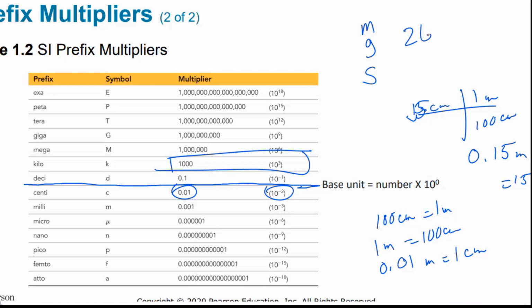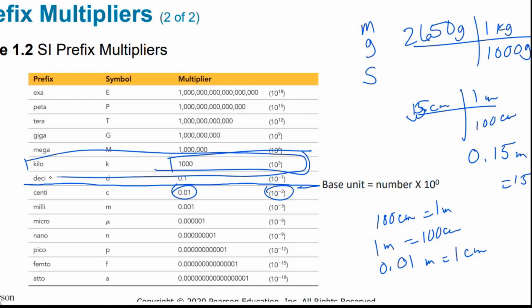Let's say we had 2,650 grams, okay? And we want to convert grams to kilograms. Well, there's 1,000 grams in 1 kilogram, okay? So we're going to be using this conversion factor right here. All right, and so that means we're going to be dividing this number by 1,000. So the number is going to get smaller because we're going to a larger unit.